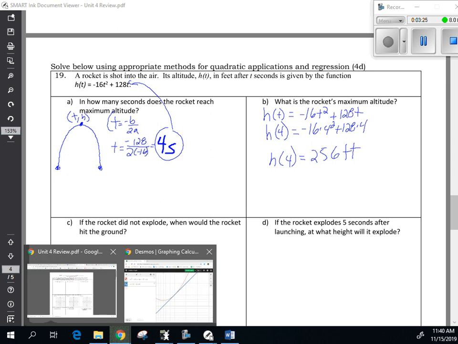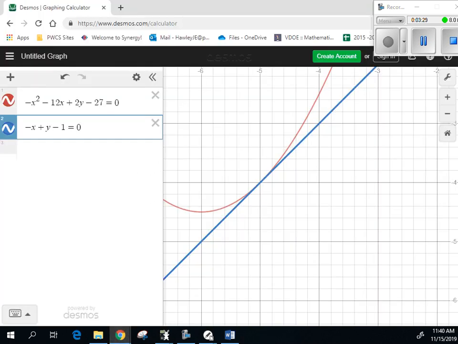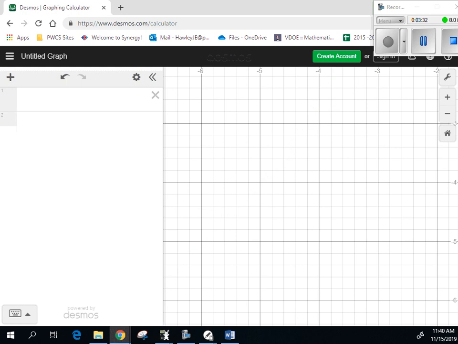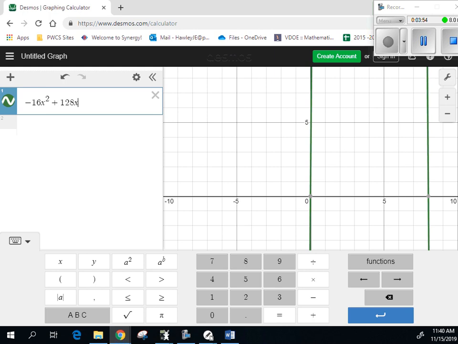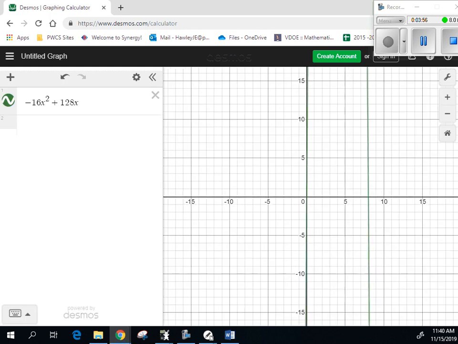Okay, so you have an alternative. You can actually graph, so you can bring up Desmos, because you will have Desmos for your test, and you can put in negative 16 x squared, remember you never put in t, plus 128 x, and there's a home button here, and I'll zoom out.